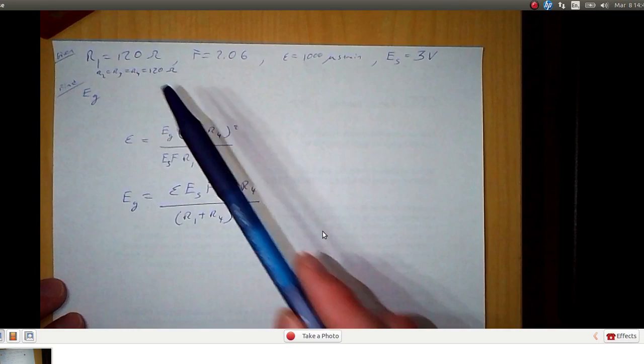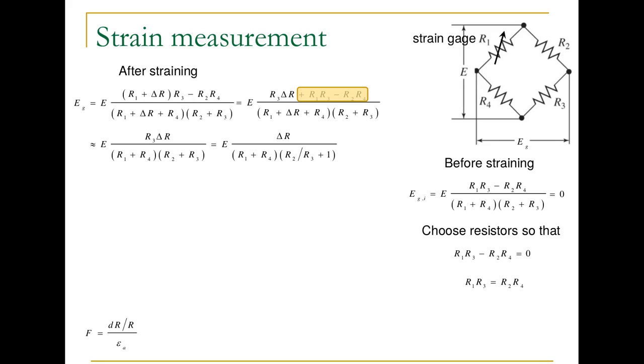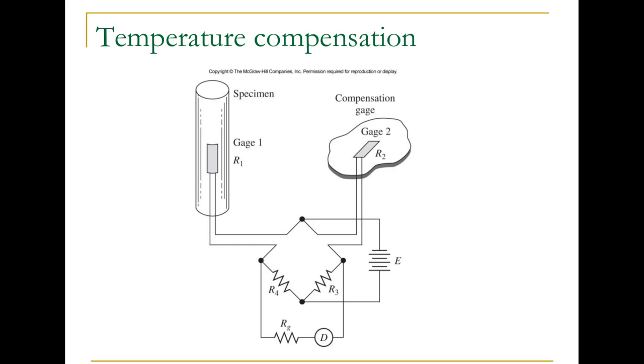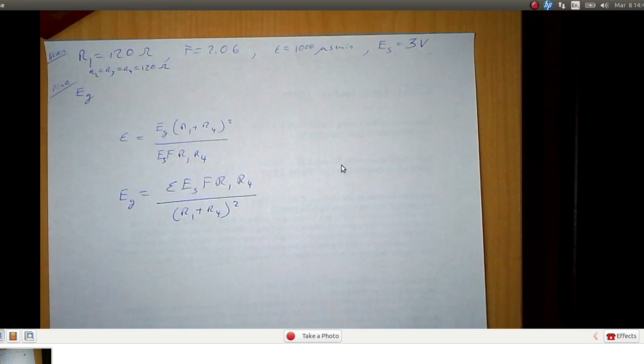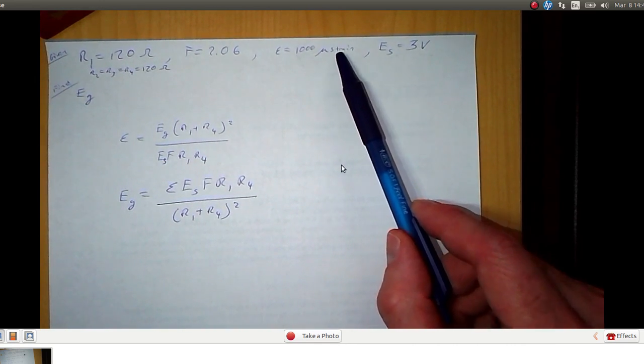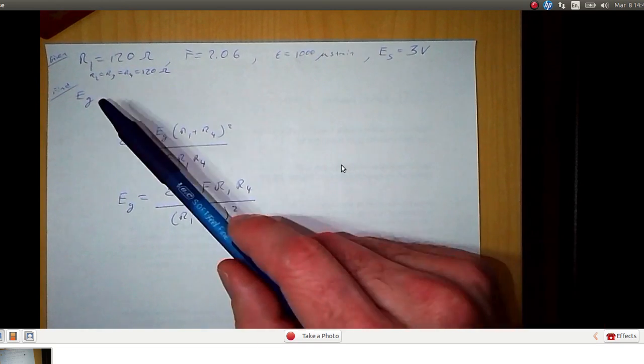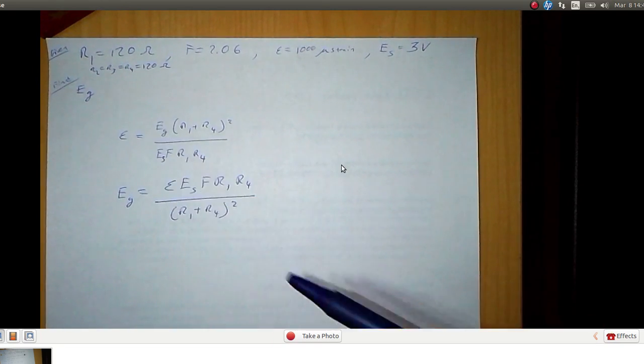Two of the legs are strain gauges. Let me just show a figure for this. Okay, so this is our configuration. R1 is being strained and R2 is just there for temperature compensation. We have 1000 microstrain, and our Wheatstone bridge is supplied with 3 volts, and we want to find out what voltage we measured.